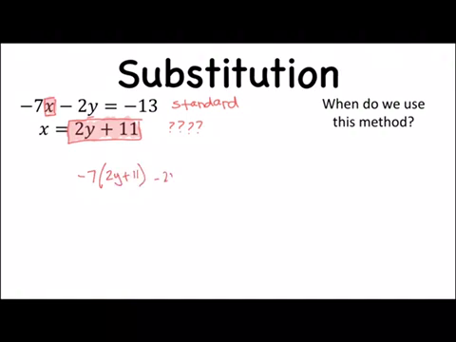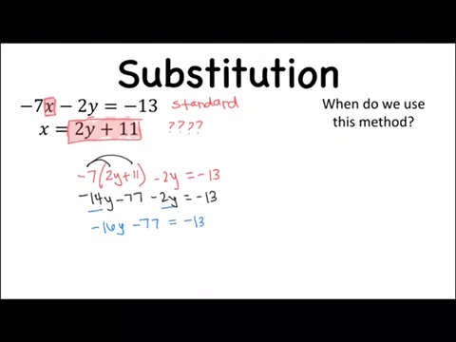And then subtract 2y, and then equals negative 13. Distribute: negative 14y, negative 77, minus 2y equals negative 13. Combine like terms. Negative 16y minus 77 equals negative 13.